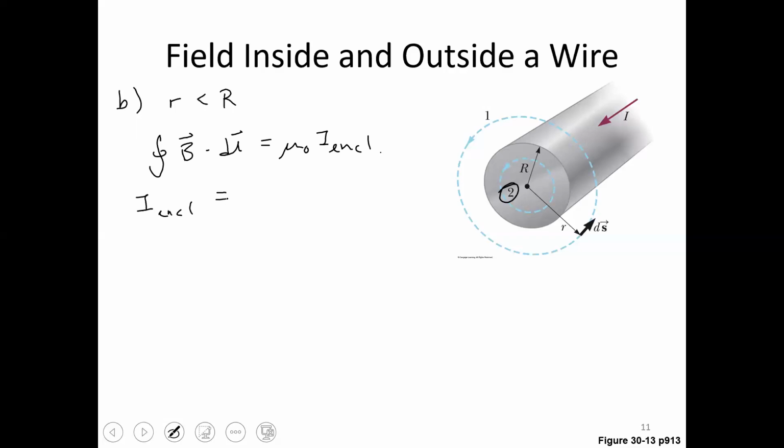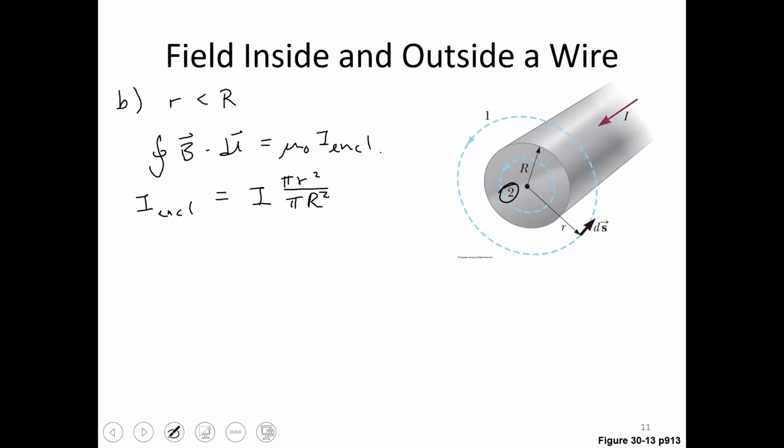So here the I enclosed is just a fraction. Remember it said our current density along the wire was uniform. That lets us say that our whole current I is spread along the entire cross-sectional area, pi capital R squared, of our wire.